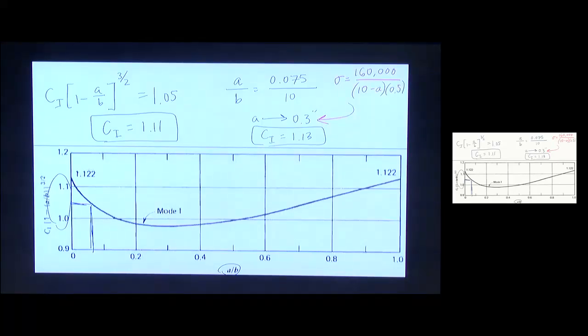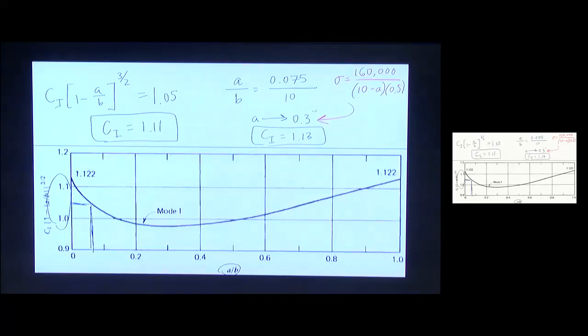And so as A grows, stress will grow. And then you would probably get a value that is a little bit smaller, a little bit more conservative and a little bit more accurate.